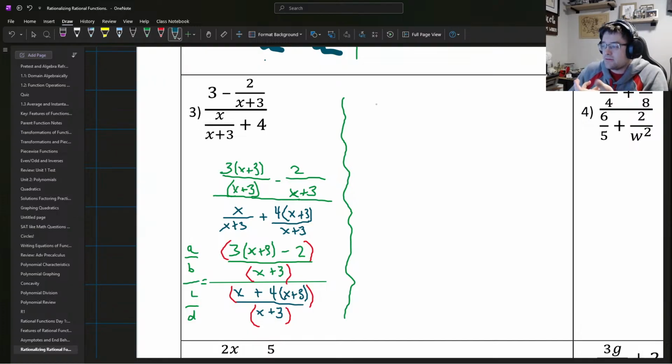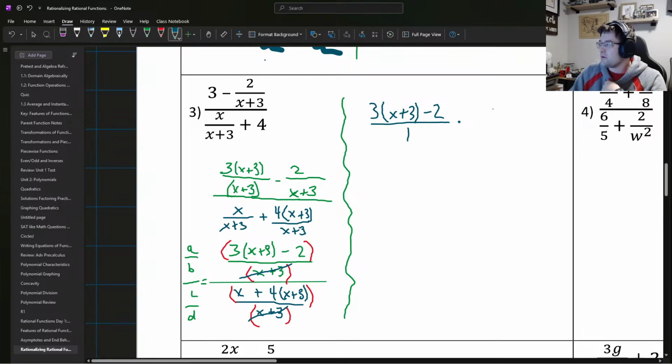Well, what we can do when we keep change flip, right, is these will cancel, the denominators, and then we'll be left with this 3x plus 3 minus 2, and then times, remember from keep change flip, this 1 over x plus 4, x plus 3, because our x plus 3 is canceled.